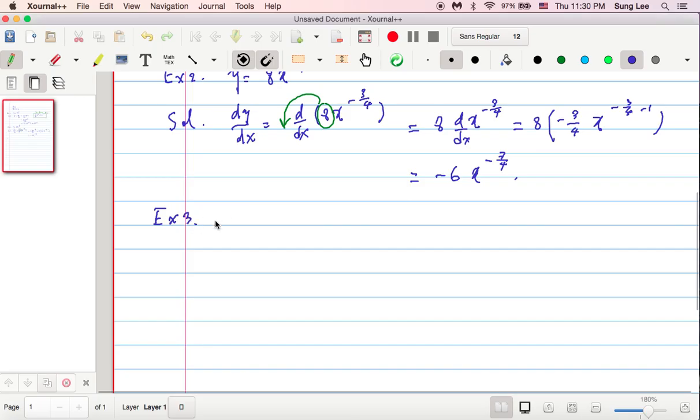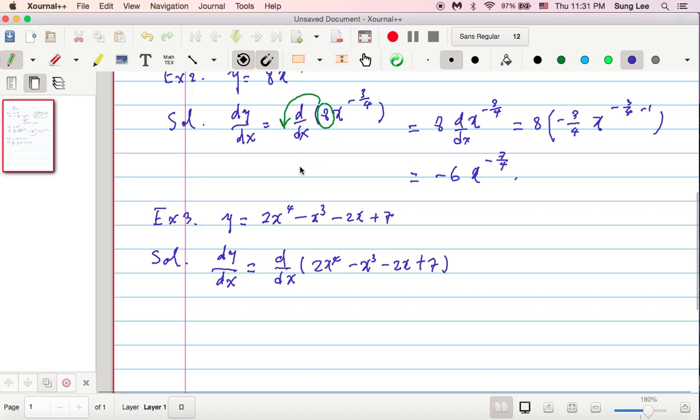Next example. We have this function y equals 2x to the power 4 minus x cubed minus 2x plus 7. So dy by dx is d by dx of 2x to the 4 minus x cubed minus 2x plus 7.